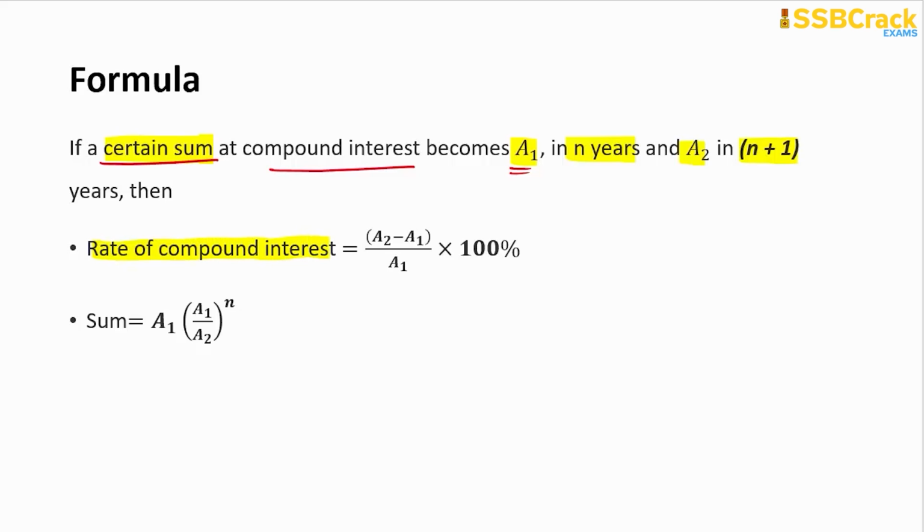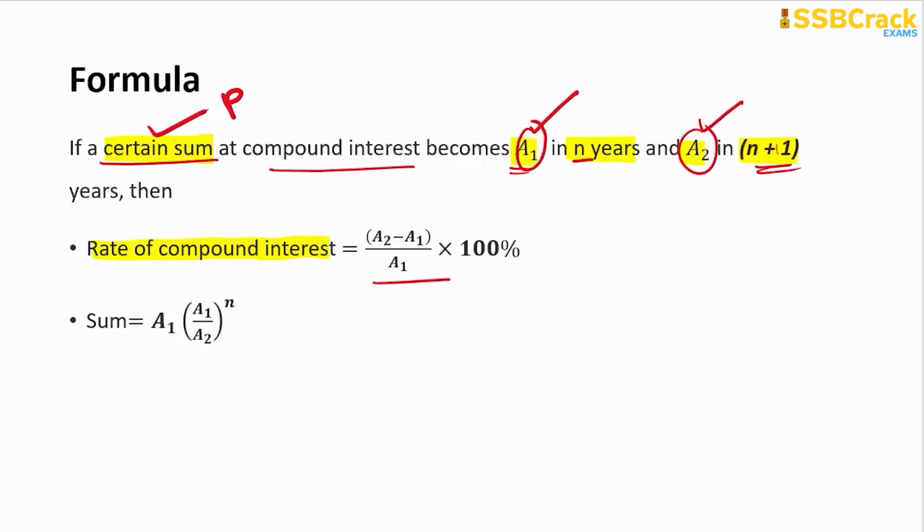Rate must be the same because here they are talking about a certain fixed sum, the initial sum P, on which the compound interest is being calculated, giving the A1 amount for n years and the A2 amount for n plus 1 years. So we are interested in what the rate of compound interest was.